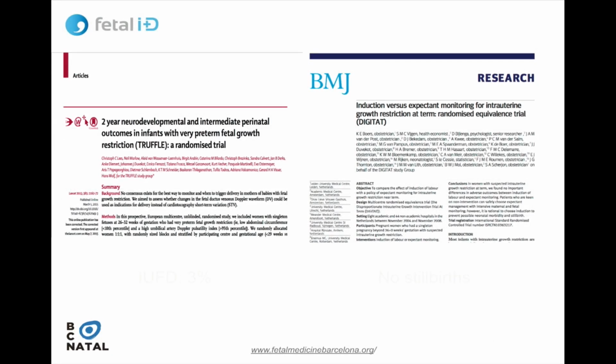One of the big things we have taken from the literature is that when you are using a protocol, the mortality goes down amazingly. You find observational series in the literature saying that when you have early severe growth restriction fetuses, the mortality was very high, exceeding 15, 20%.